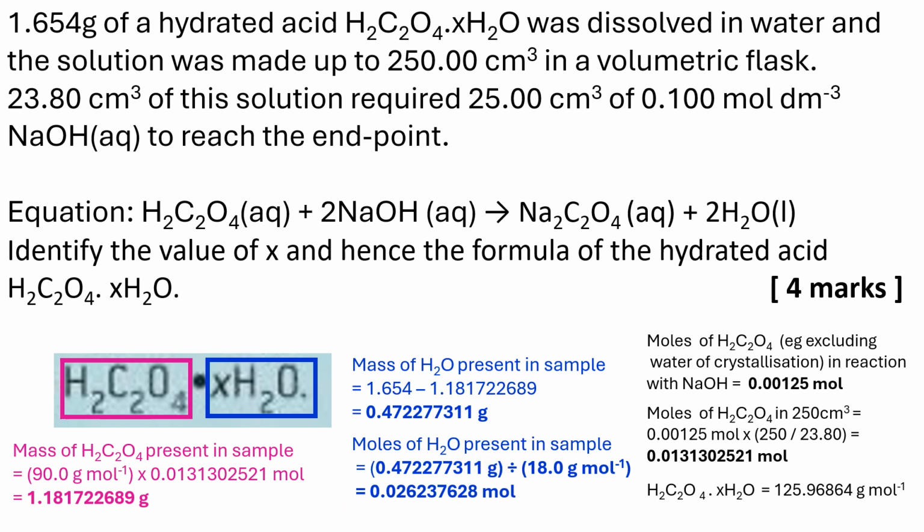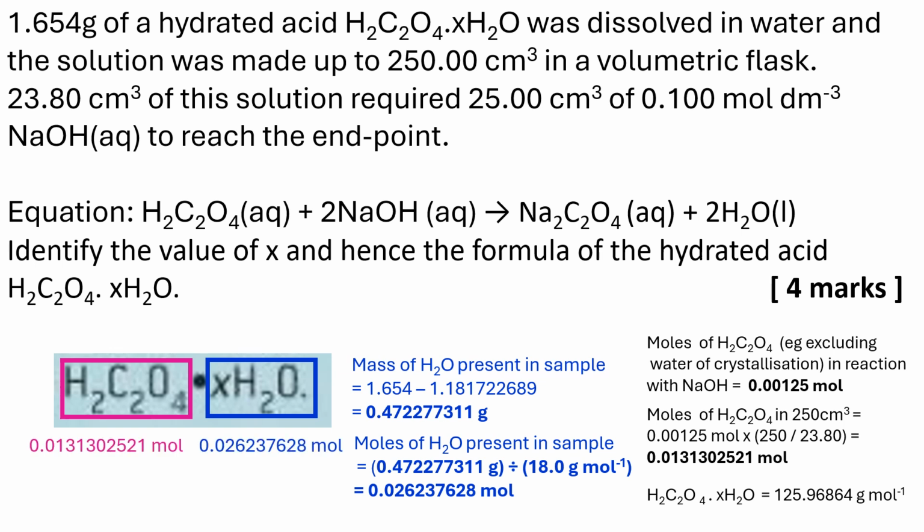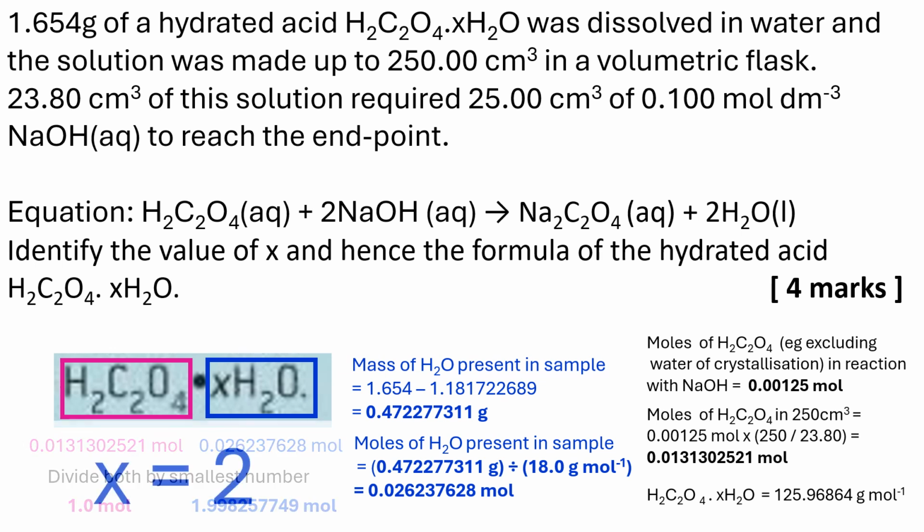That's mass over Mr, and that gives you 0.026237628. So you line those two numbers up. That's your mole ratio. Divide by the smallest number, which is obviously going to be the one on the left, and that gives you this value. Now that can be tidied up by rounding to 2, which means our value for x is 2.